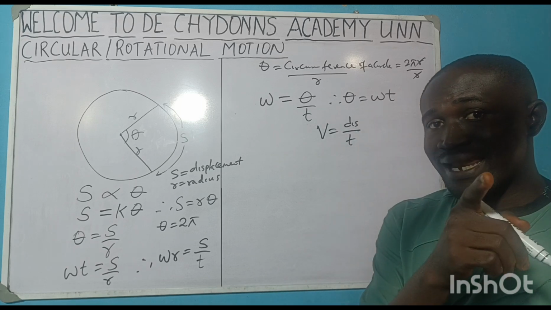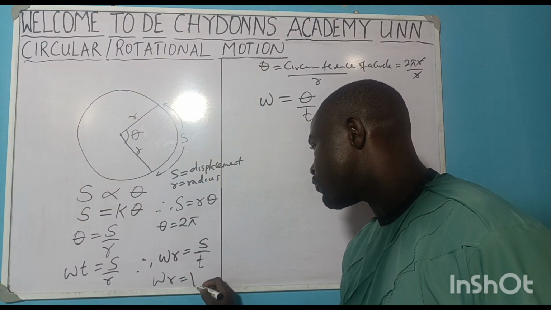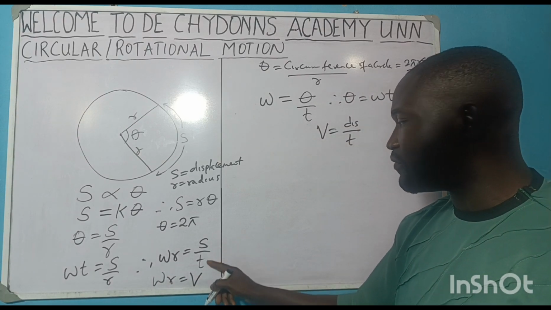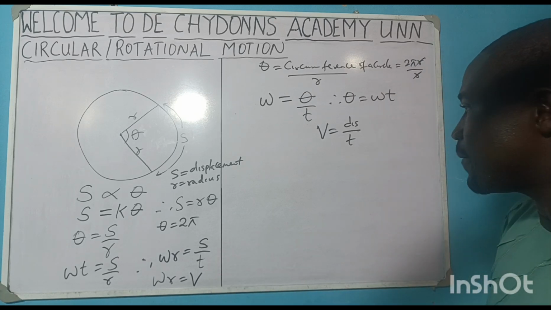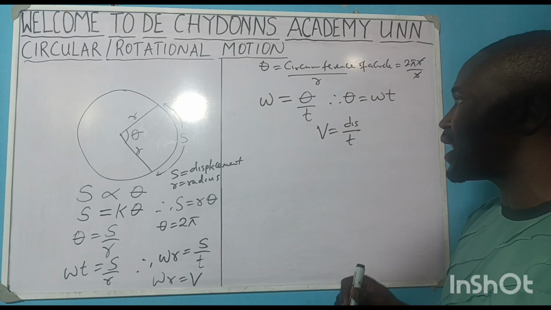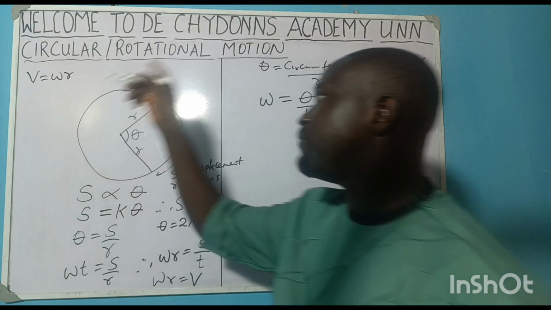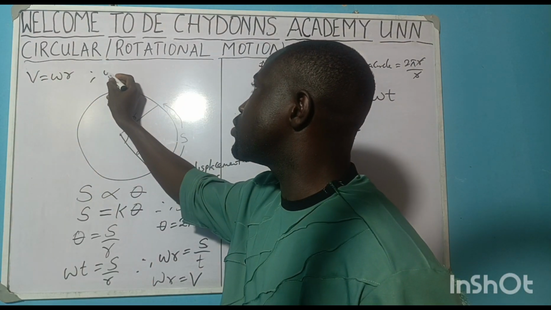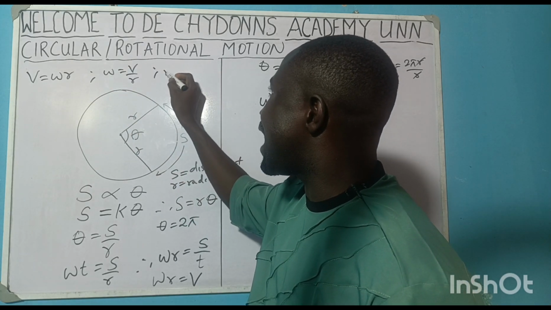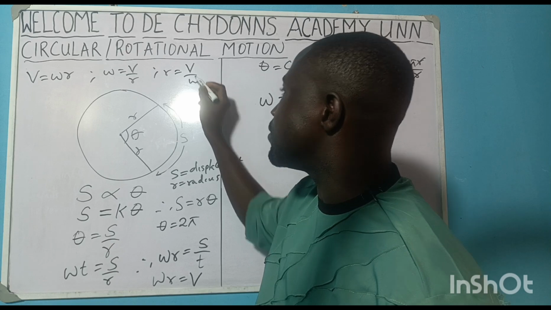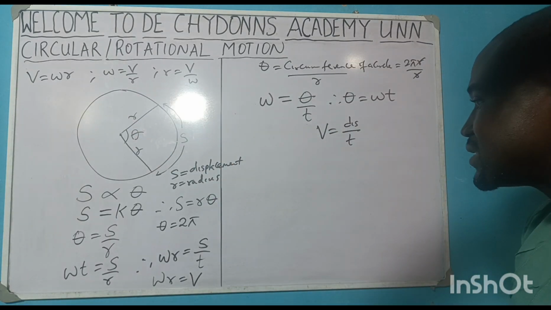It means that WR is equal to V, because S over T, which is displacement over time, is V. So we know this formula now, that V is equal to WR. Very important. Therefore, W equals V over R, and R equals V over W.